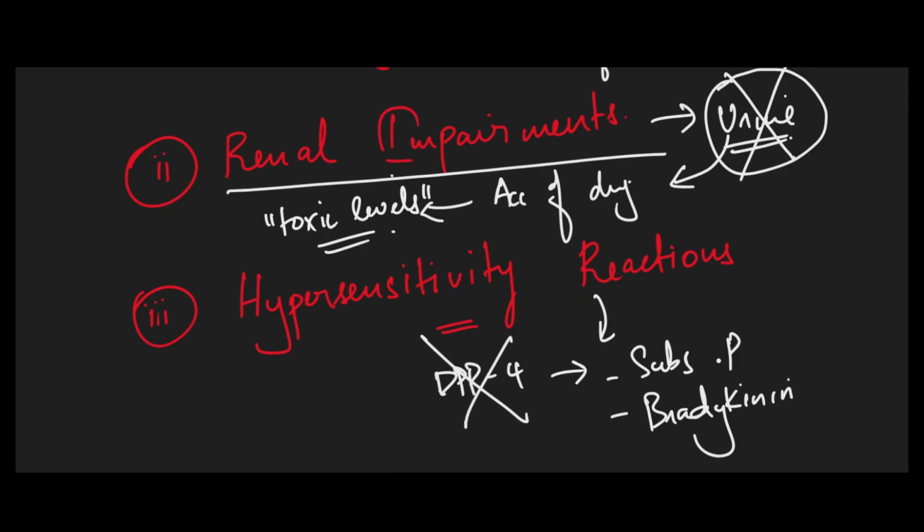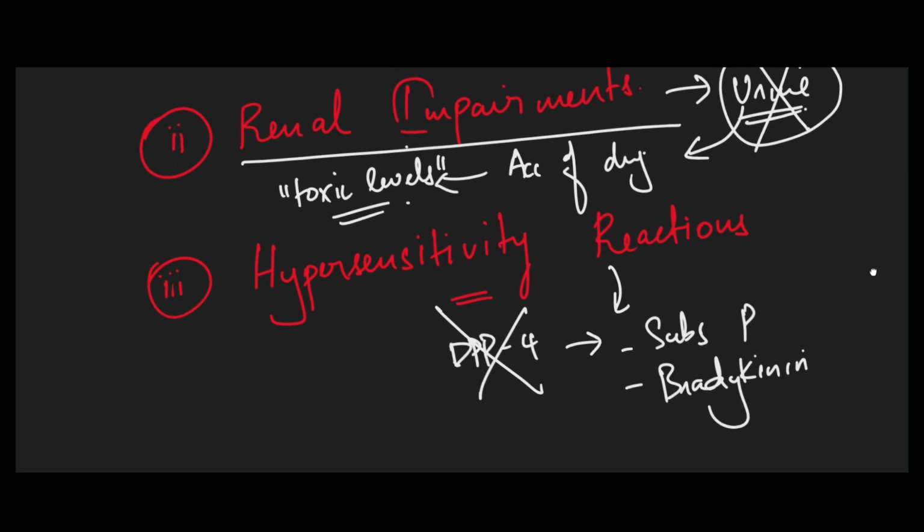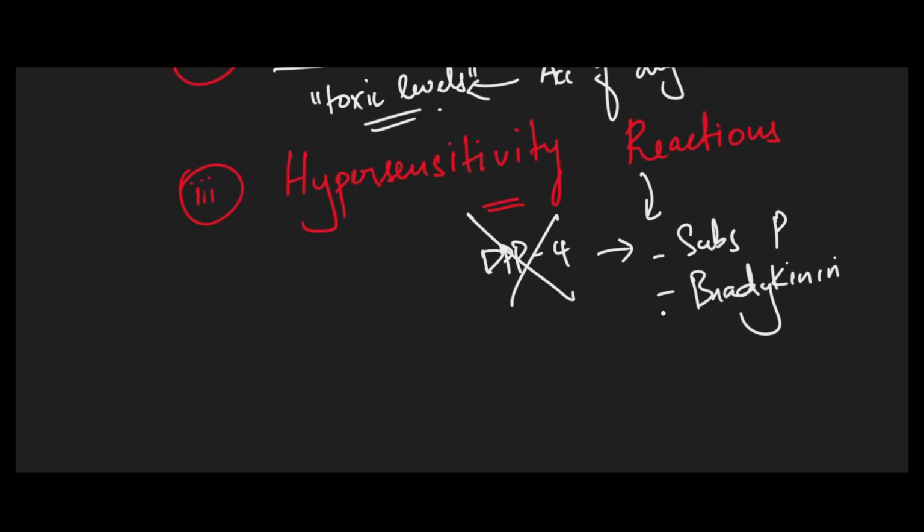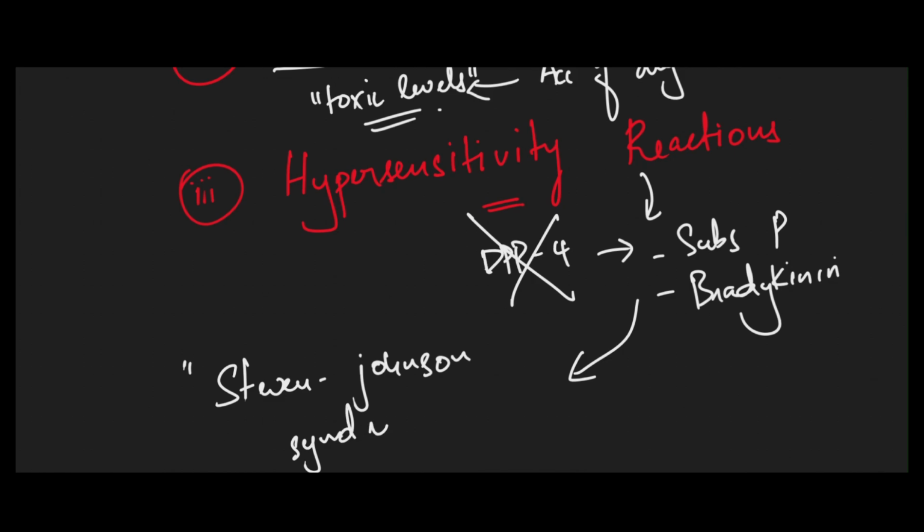When you inhibit DPP4, it leads to a decreased breakdown of these substances. So the patient is most likely to suffer hypersensitivity reactions such as Stevens-Johnson syndrome, etc.